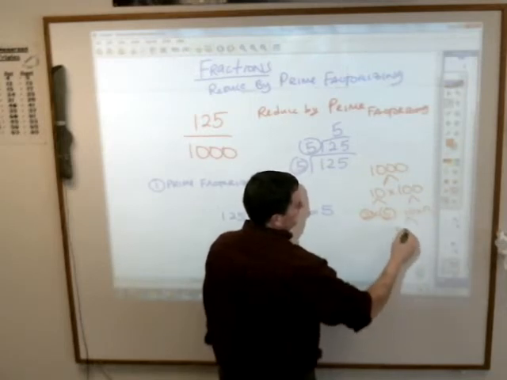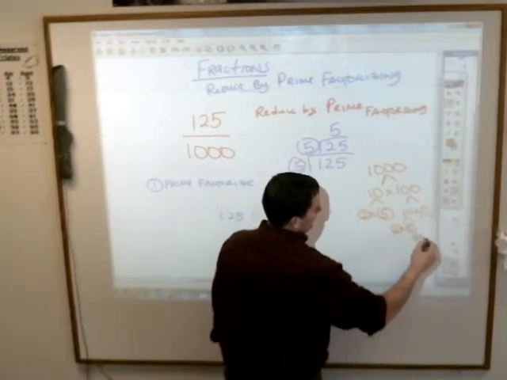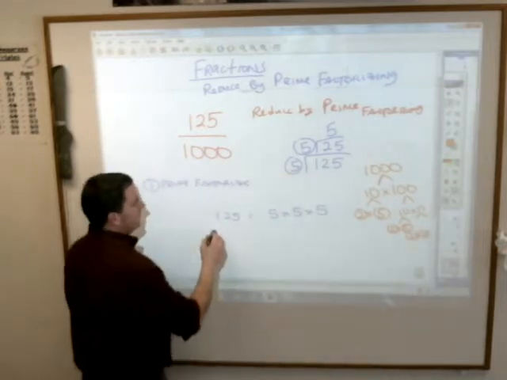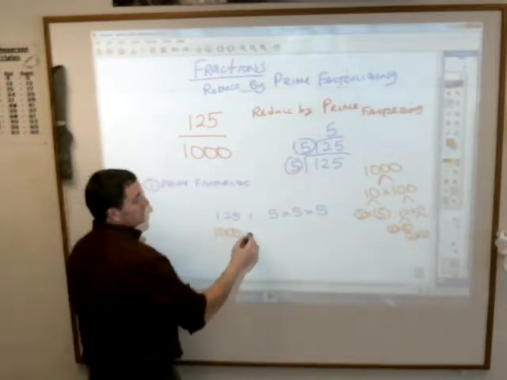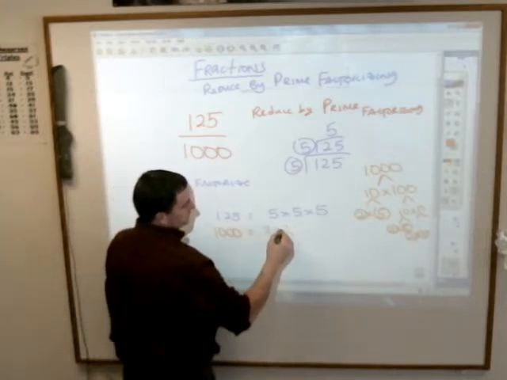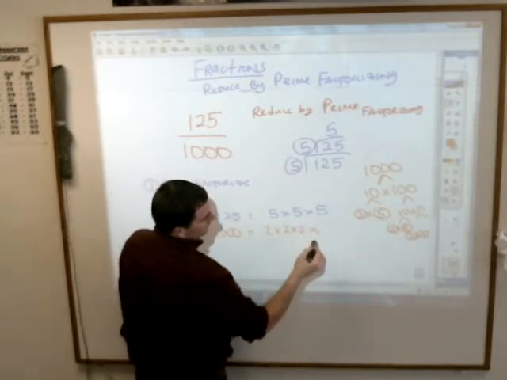And 10 is, again, 2 times 5. And the other 10 is also 2 times 5. So, my 1,000 equals, I believe I have 3 2's and, what, 3 5's.